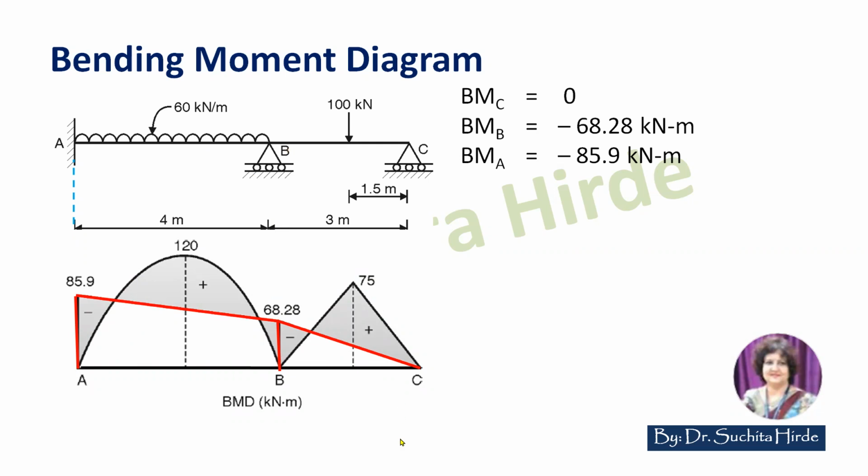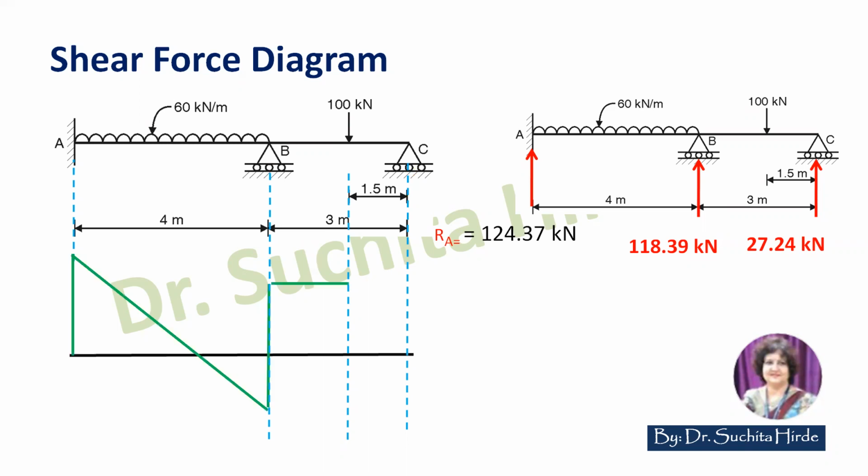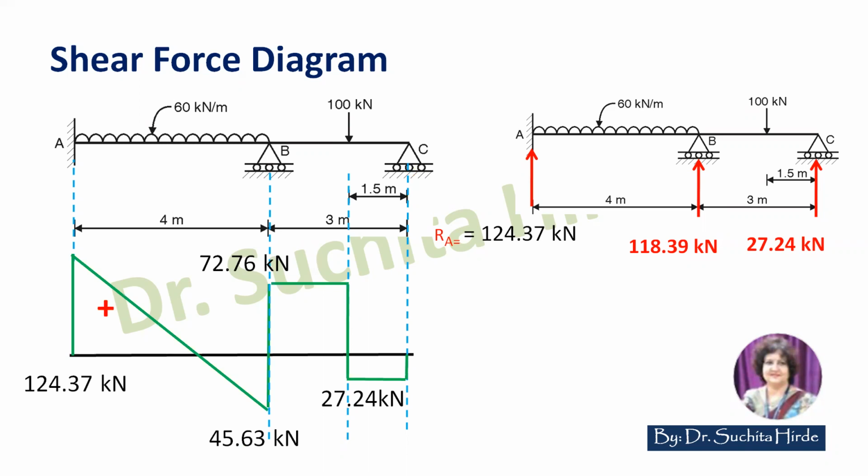Now, how to draw the shear force diagram? In my other video, in which we considered RB and RC as redundant, I have already explained how to draw the shear force diagram for this case. And that shear force diagram looks like this. So do watch that video to understand how to draw the shear force diagram and how to calculate these various quantities in the shear force diagram.